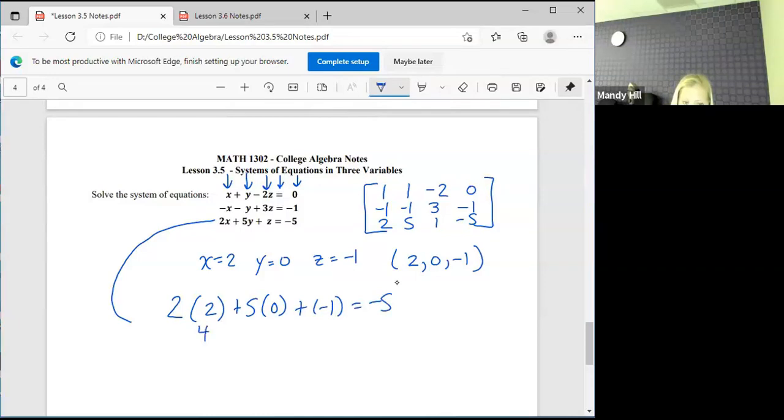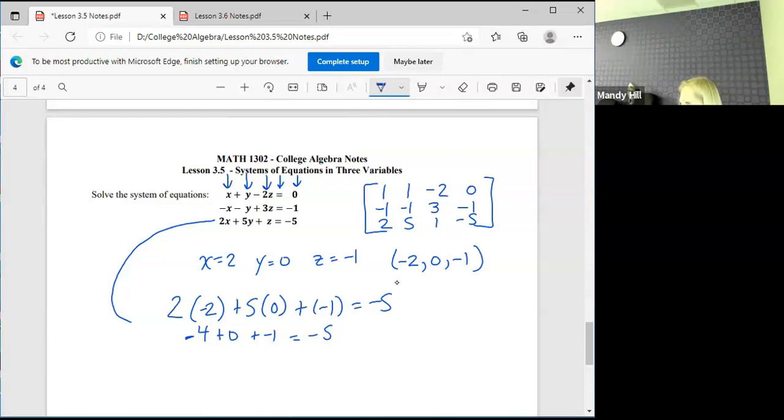So this is 4 plus 0 plus -1, which is not -5. What have I done? Did I write one of these down wrong? It's -2. Thank you for not letting me just suffer like that. So this is -4. So -4 and -1 is -5.